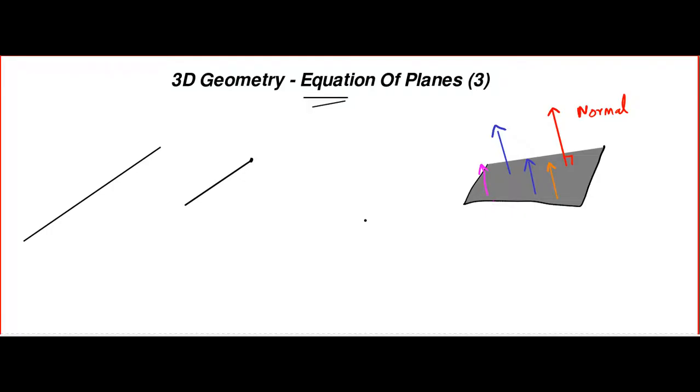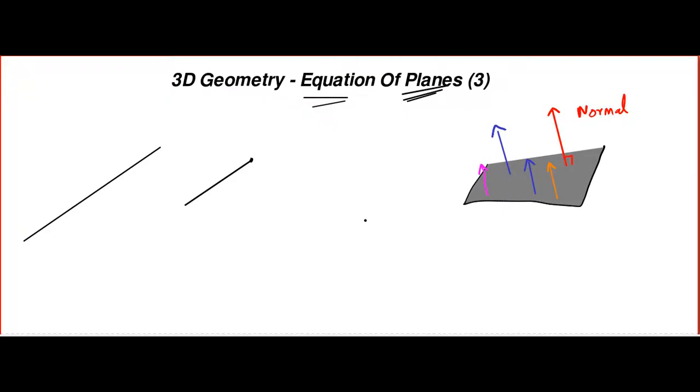So what the mathematicians did is, they defined the equation of a plane using the normal direction. I think you already remember, every line has a direction, and we call them direction ratios, direction cosines. Now look at this. Suppose we have a plane.